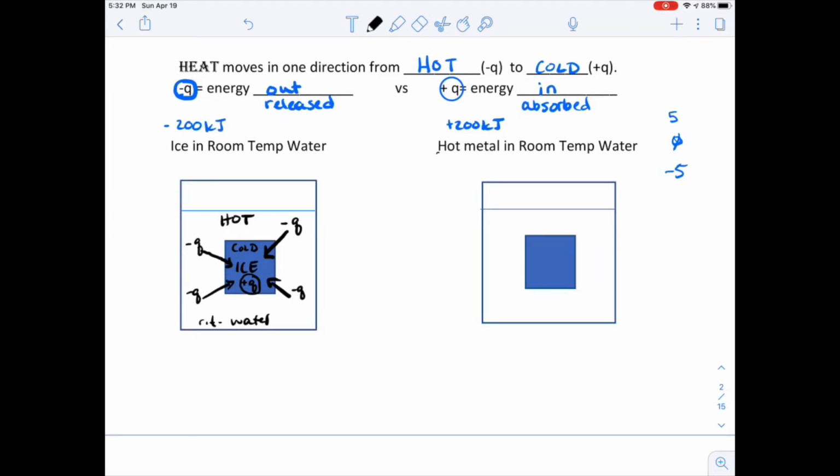Now, in contrast, we have a hot metal in room temperature water. Think of like a blacksmith or something, tools that he just made. So now we have hot metal and we have room temperature water. So relatively now the water is cold compared to the metal. So the metal is the negative Q and the cold is the positive Q. And remember, it flows from hot to cold.